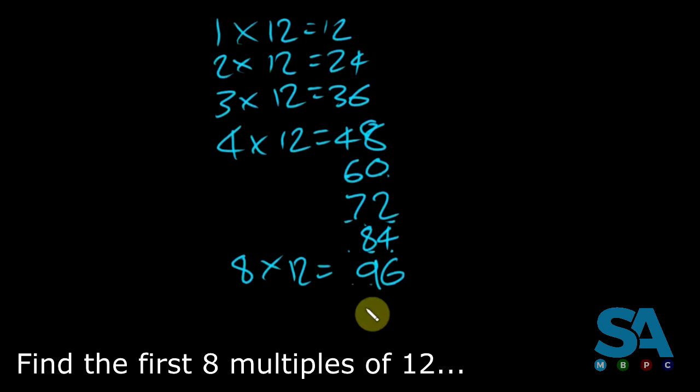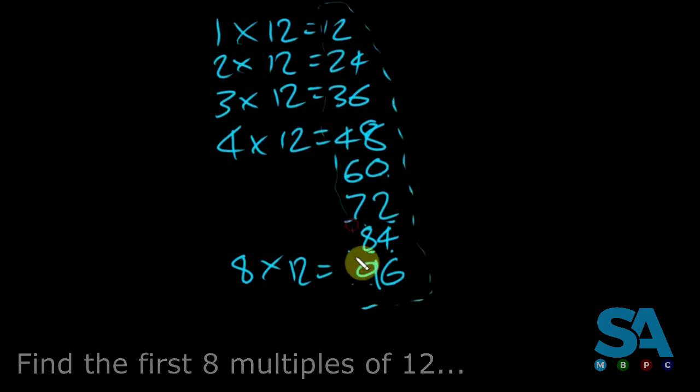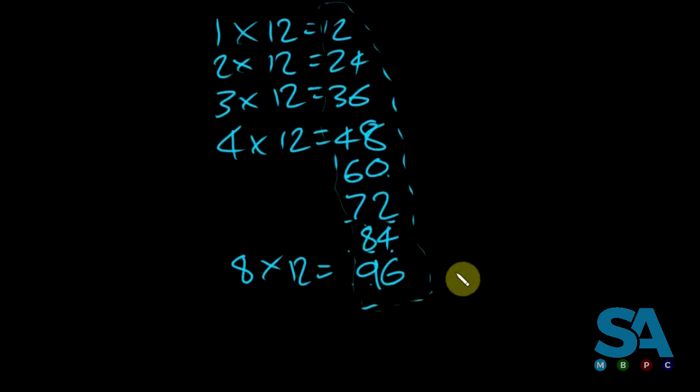So these numbers here are the first 8 multiples of 12. So multiples are relatively easy.